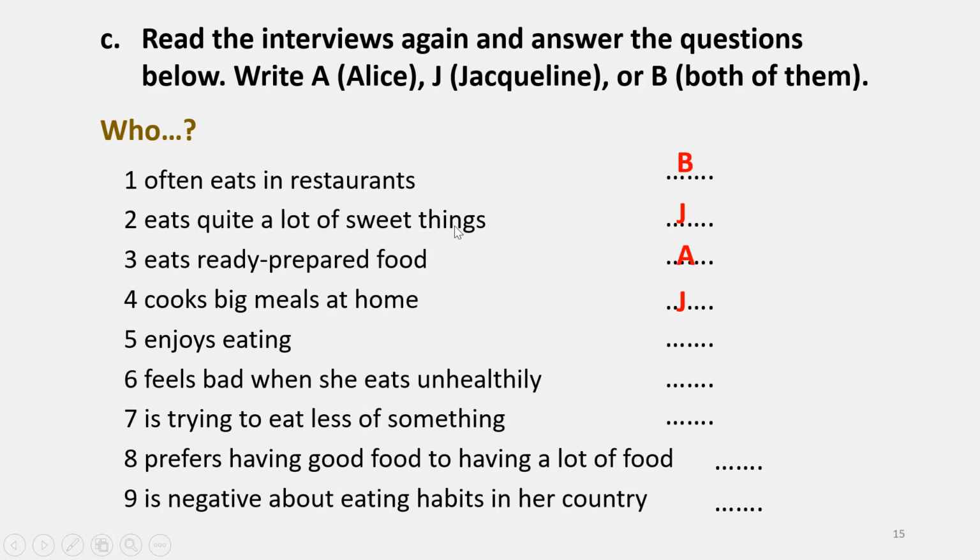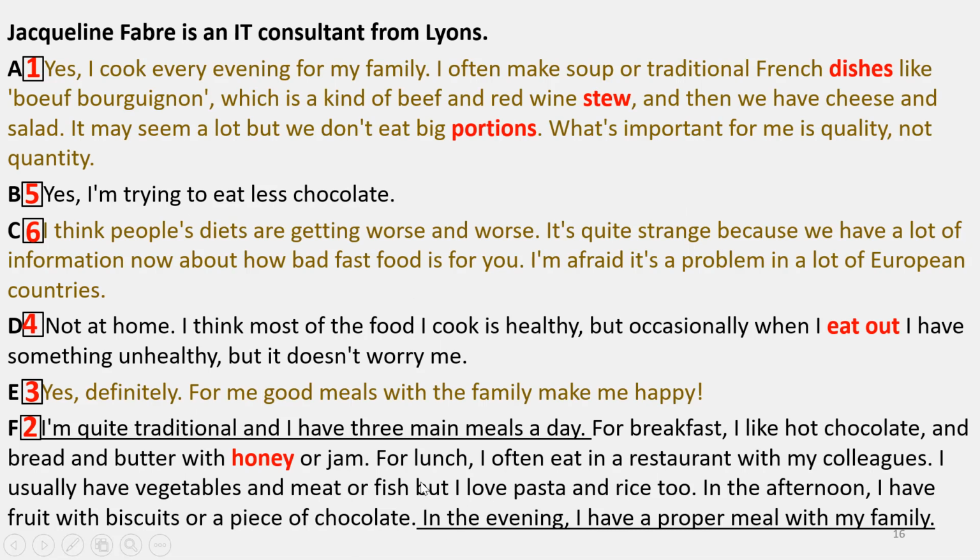Yeah, Jacqueline says. And for the next statement, enjoy eating. It is Jacqueline, right? You can see the underlined sentences. First sentence, I'm quite traditional and have three main meals a day. So she enjoys food, right? That's why she has 3 meals a day.